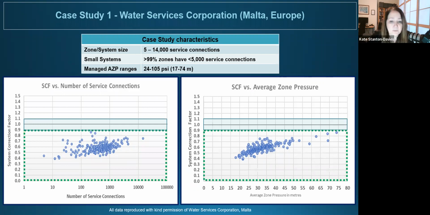One important thing to point out at this stage is that although we're looking at the number of service connections and how that plots against the system correction factor, and the average zone pressure against the system correction factor, the system correction factor is also influenced by the density of connections, for example, and the percentages of rigid and flexible materials on mains and services.